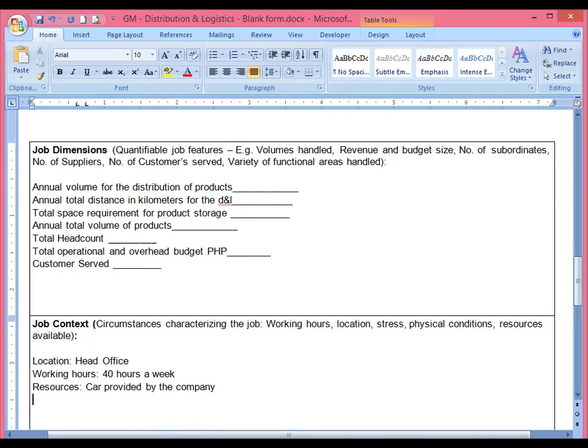Or maybe say computers, a desktop computer, just one, or maybe a laptop. And also companies are providing the iPhone or the cell phone, mobile phone. These are the things provided to him because it's essential as general manager. He'll be able to do virtual work.